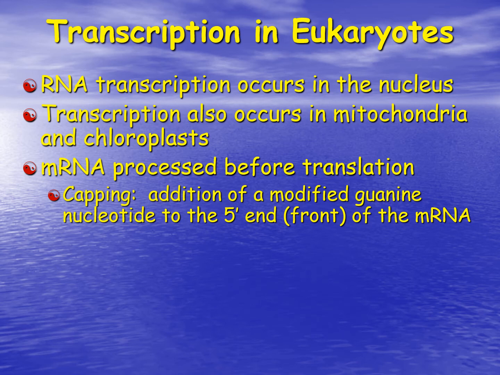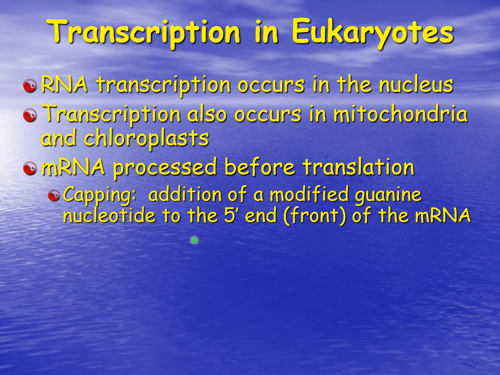So, in eukaryotic cells, three things will have to happen to the messenger RNA strand before it leaves the nucleus. First of all, on the 5' end of the mRNA, we will add a modified guanine nucleotide. This is known as the 5' guanine cap.